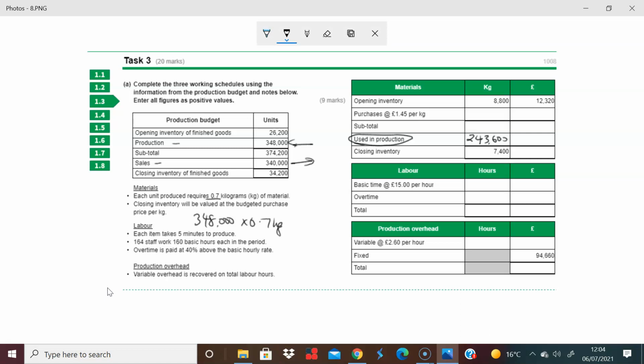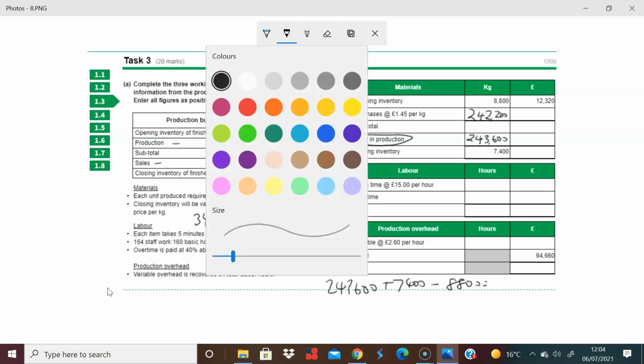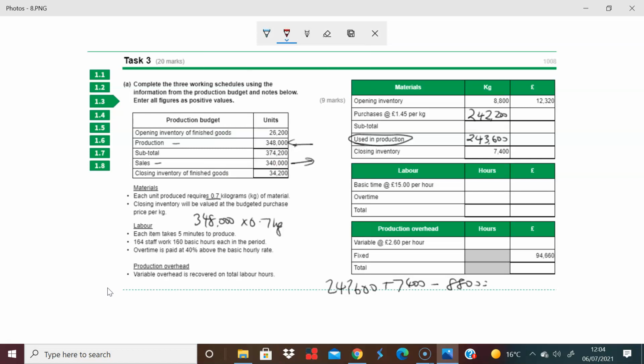Do all of that, and let's just do that. 243,600 plus 7,400 minus 8,800 gives us 242,200. And they want you to do a subtotal, so I'll change my pen color, make that red. 8,800 plus 242,200 gives me 251,000.